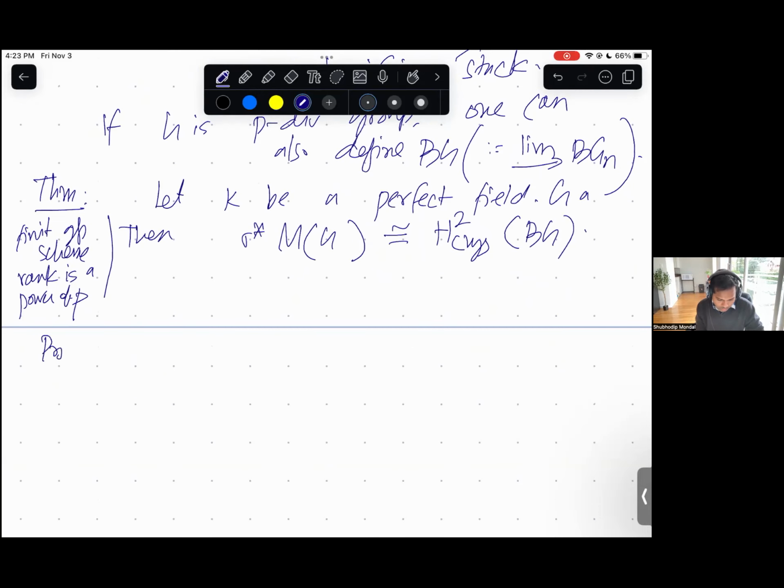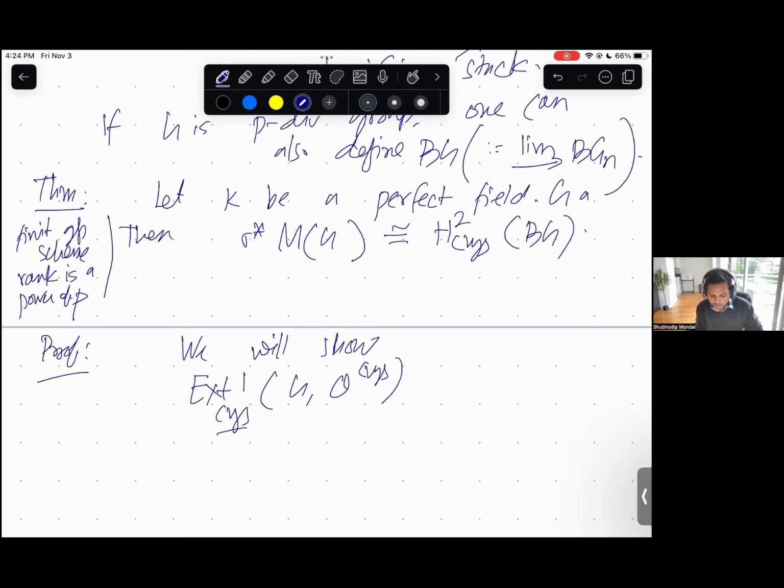Let me try to give a very brief sketch of the proof. What we'll show is that there's a natural isomorphism between this Ext group in the crystalline site and H^2_crys of BG.